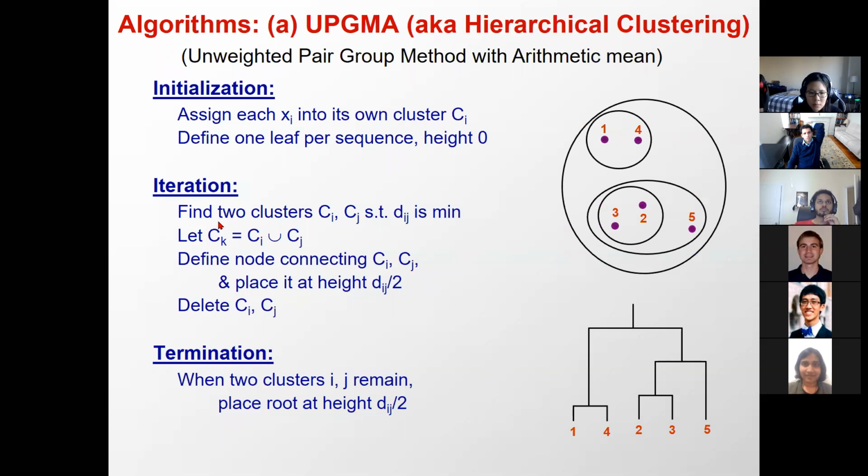Namely, we're finding two clusters that have minimal distance between them, and then we're taking the union of these two clusters and defining a node connecting them, placing it at the height halfway between these points. Then we're deleting the initial clusters and computing the distance between that new 2-3 cluster and the remaining clusters in our tree. When only two clusters remain, you place the root halfway between them.